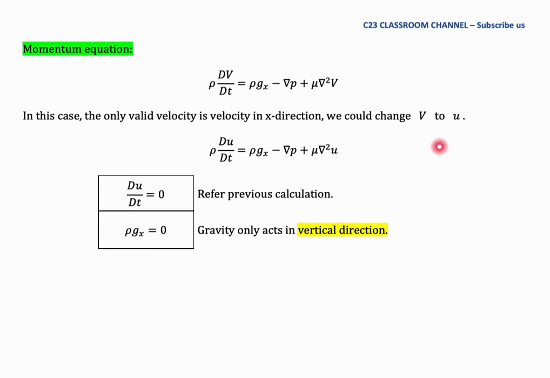Then we make an assumption to simplify our equation. We could say that du dt is equal to 0 because it is steady flow, as in our previous discussion in this video. We also have rho gx equal to 0 because gravity only acts in the vertical direction, not in the x direction.